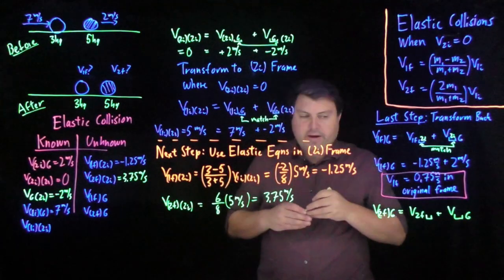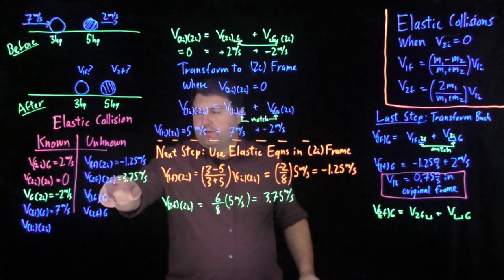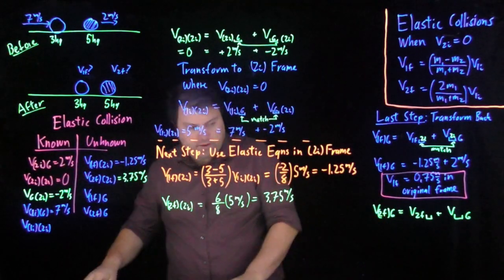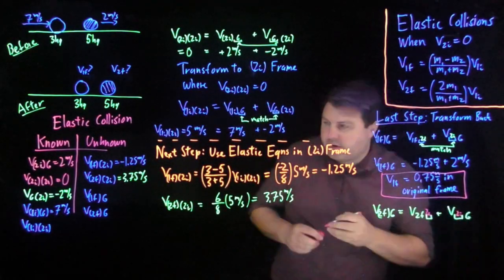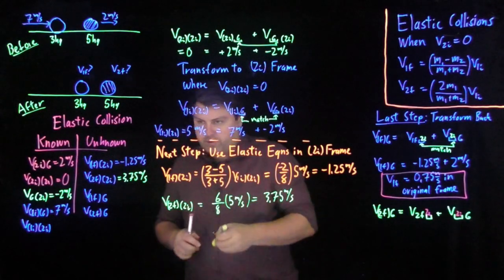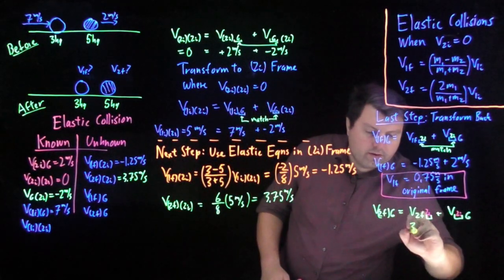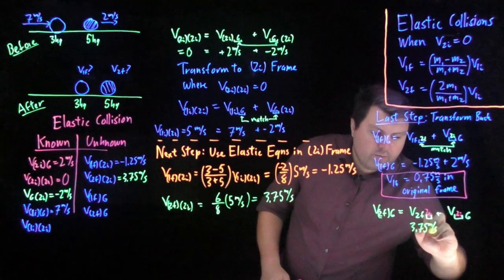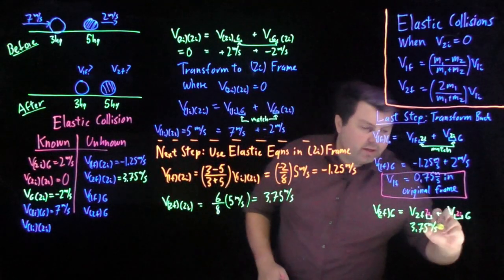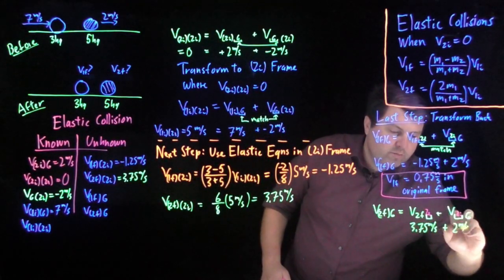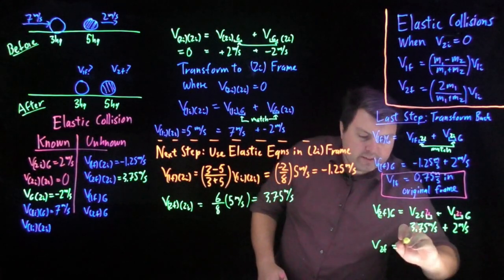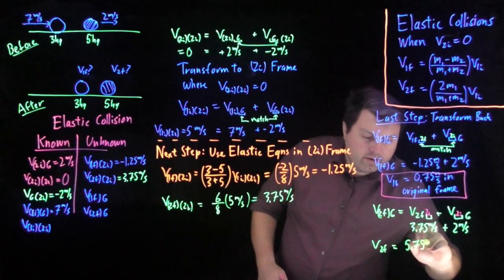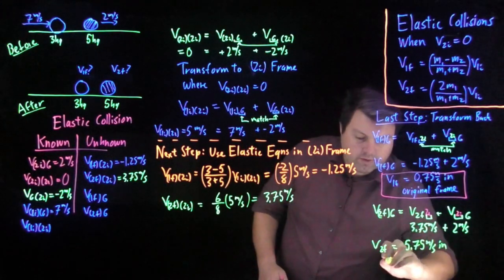And again, these have to match. Well, I know 2f and 2i, and I know 2i and g. So I can put 2i and 2i here. v2f 2i is 3.75 meters per second, and v2i g is 2 meters per second. So v2f is 5.75 meters per second in the original frame.